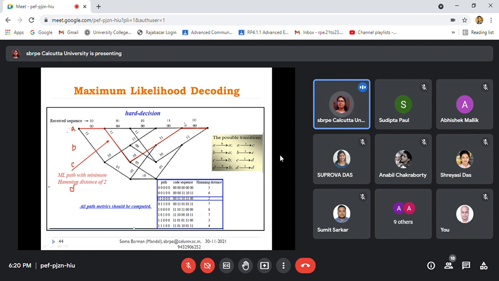You find out the code word of all 8 possible paths and find the difference between each path's code word and the received code word. Out of that, you take the minimum, only the minimum Hamming distance path survives, and from that path you decode the information. Clear? This is actually the maximum likelihood decoding technique of the Viterbi algorithm.